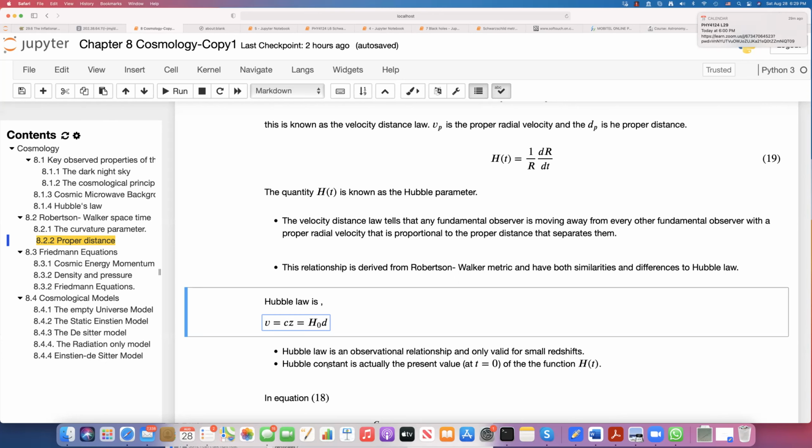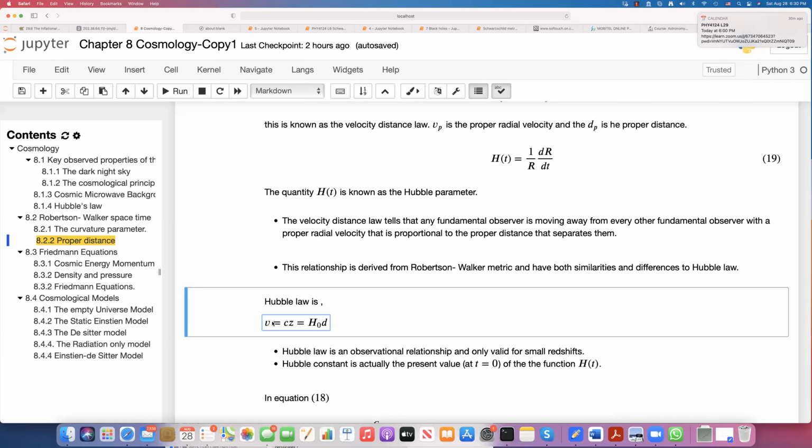The other thing is, if you want to convert this Hubble parameter into the Hubble constant, the idea is that the Hubble constant is the present value of the Hubble function or H(t), the Hubble parameter. Right? Hubble parameter is a function of time. And if you put the time as the present time, that is t equals 0, then you will get the Hubble constant, right? So that is the relation between those two.